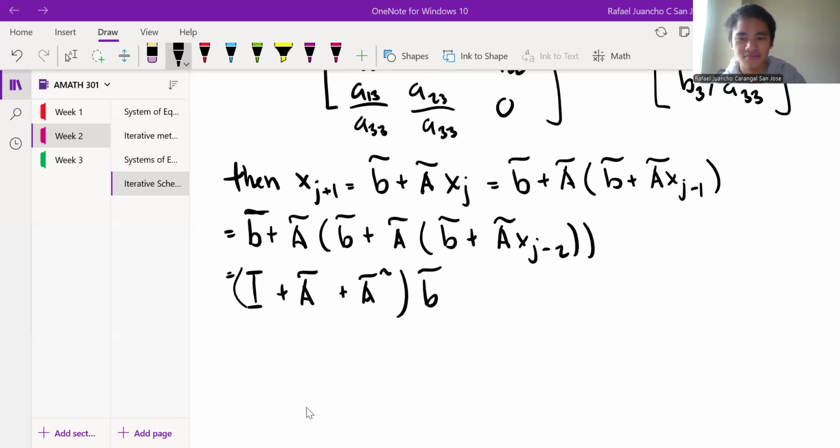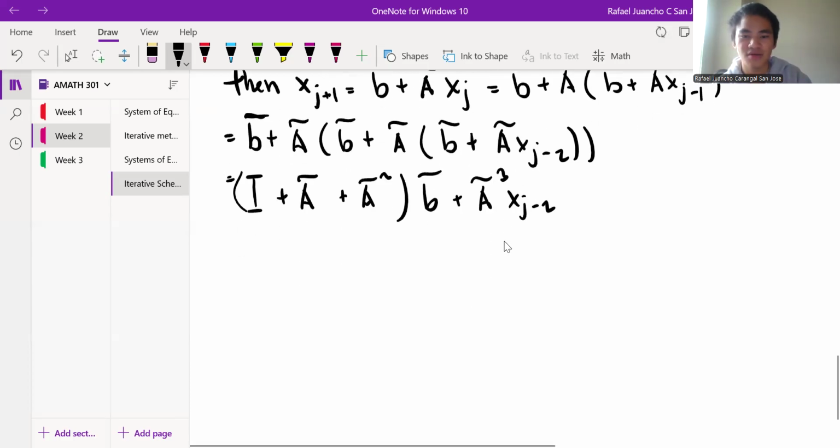B tilde plus A tilde cubed xj minus 2, right? And then from there, he can now write a summation just to shorten things out.